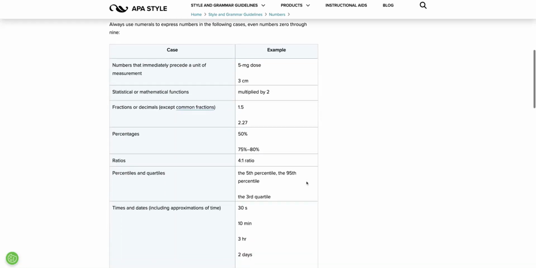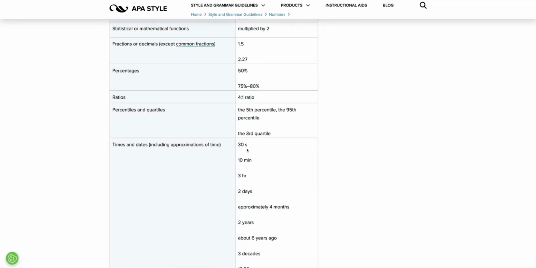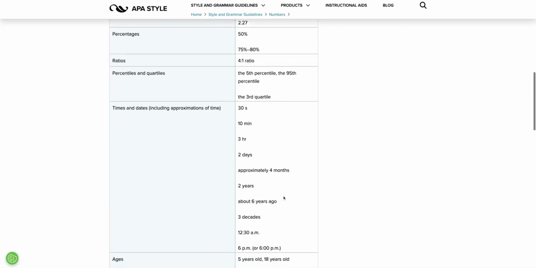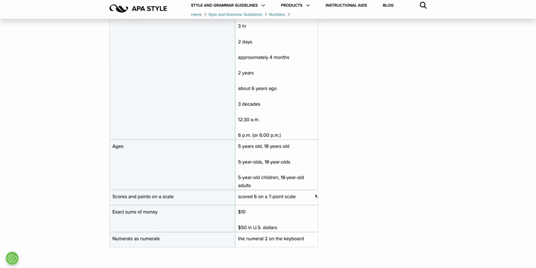In ratios or percentiles or quartiles, if you're talking about, for instance, the scoring on an instrument or on a standardized test, those ranks and percentiles or quartiles. In times and dates, you always use the numeral, regardless of whether it's 30 seconds or 3 seconds, 3 hours, 2 days. And then in ages, we always use the numeral.